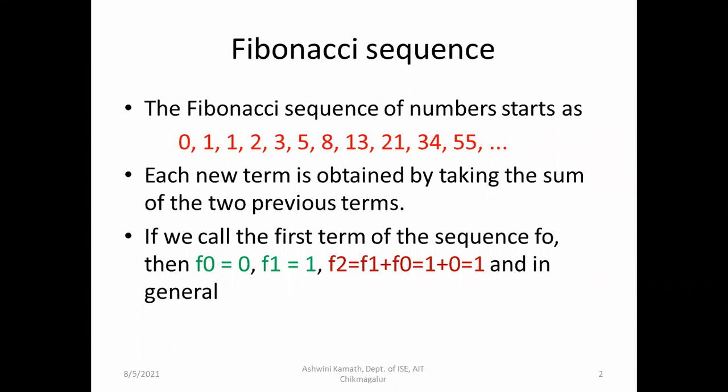And in general, fn is equal to fn minus 1 plus fn minus 2 for all n greater than or equal to 2. The initial two numbers are 0 and 1: the first number is 0, the second number is 1. If n is greater than or equal to 2, then fn is equal to fn minus 1 plus fn minus 2, right?